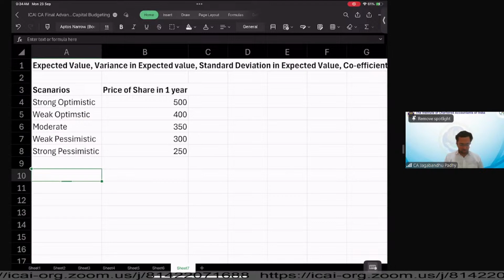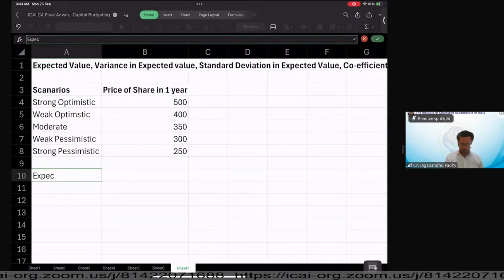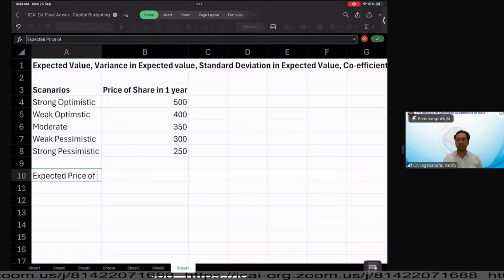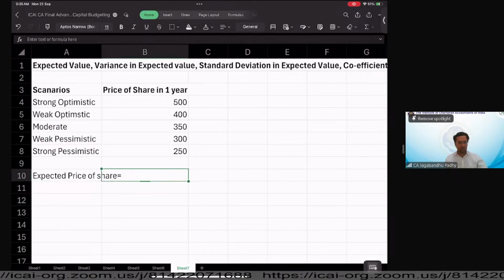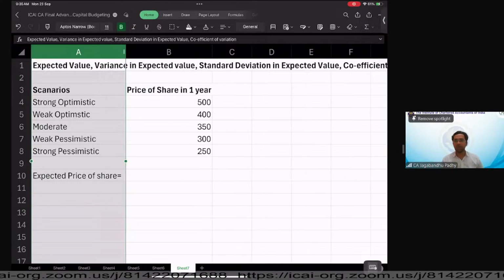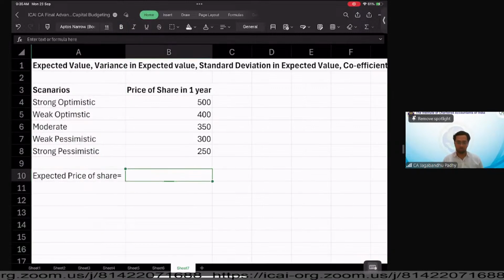Right? So, if we want to calculate the expected price of the share, we can say we expect it to be the average.